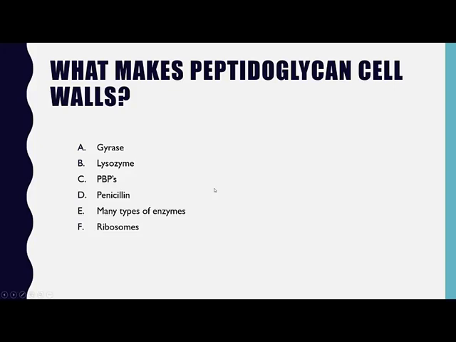It's C, right? Not gyrase, that's involved in DNA replication. Lysozyme is the enzyme that digests stuff inside of our cells, like white blood cells have this. And penicillin is what blocks the PBP, all right? And not ribosomes. Ribosomes make proteins only.